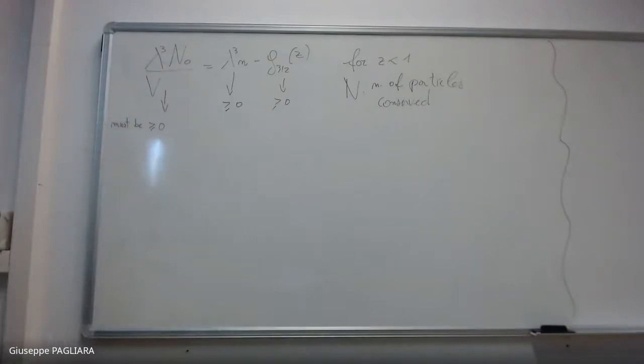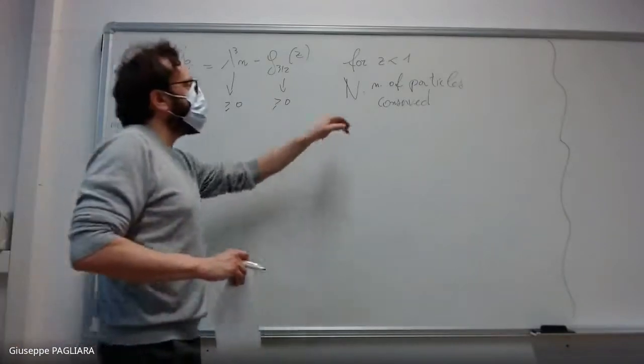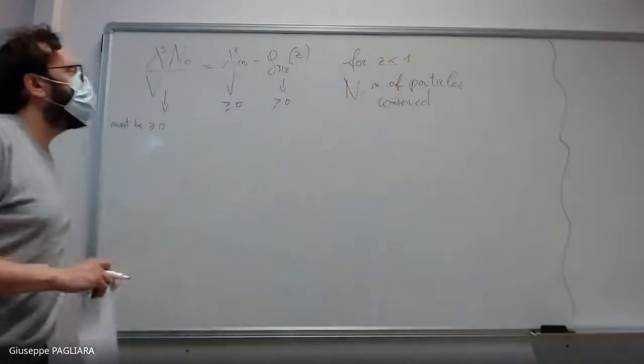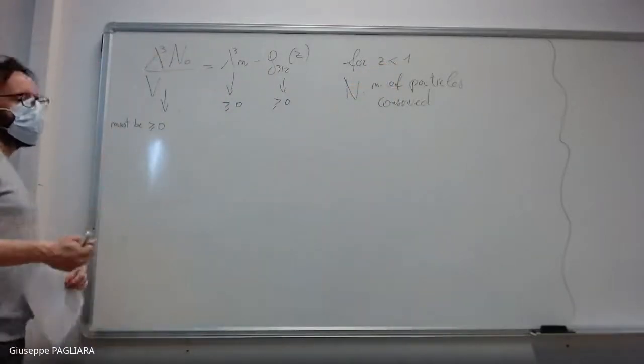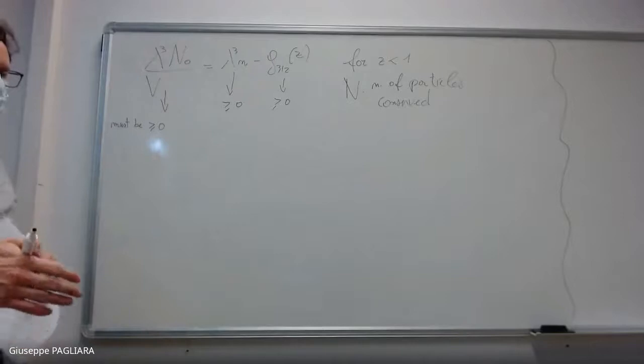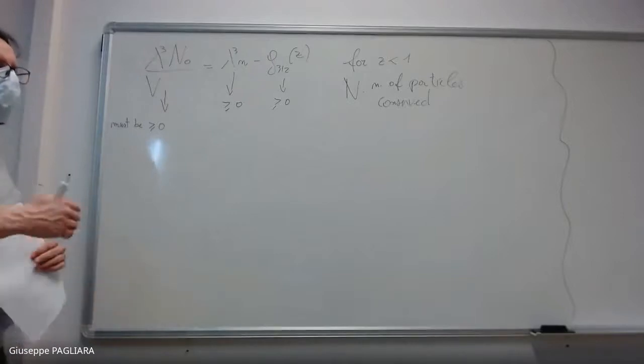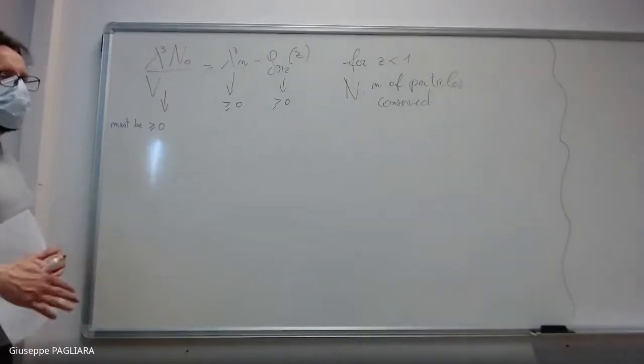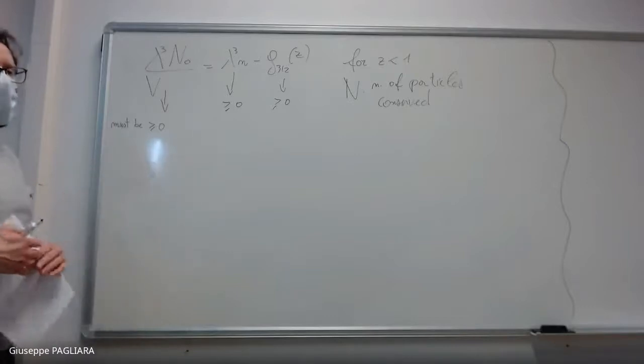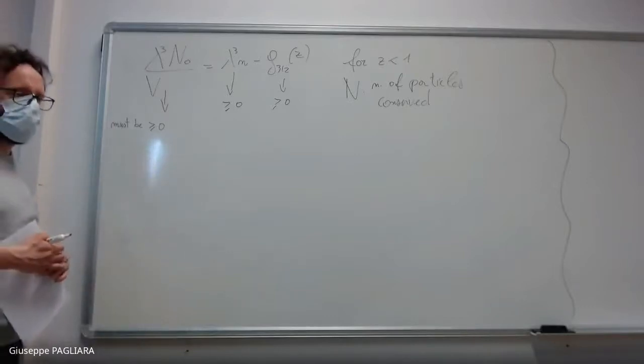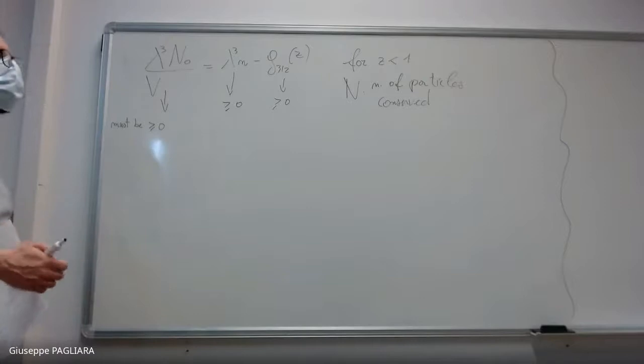So in a normal situation, when z is less than 1, as we will see in a moment, what happens is that I distribute the particles in the continuum, and all the levels of the continuum, including also the ground state, have actually an infinitesimal occupation number, because this is a continuum.